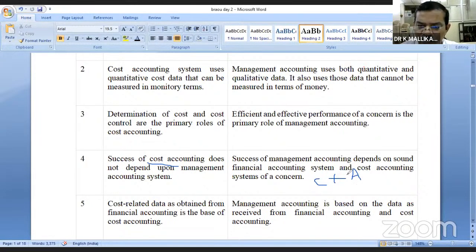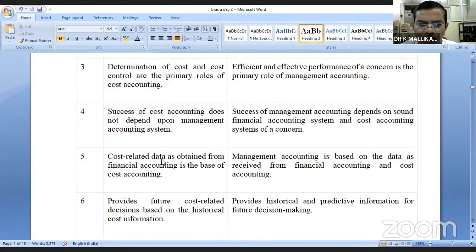But here, management requires both financial accounting data as well as cost accounting data. Then only can they take a good decision based on the data available. So here you can see that the cost accounting related data obtained from financial accounting is the base for cost accounting.